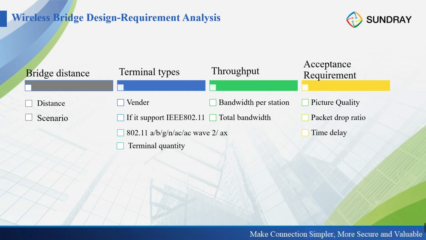Okay, when we do this requirement analysis, we need to check the distance, if there's line of sight outside, what kind of terminal we connect to our wireless bridge, and what the requirement for the throughput is. Also, when you use this wireless bridge, what kind of service you need to carry, like if you want to use cameras, if they need HD video, and the time delay.